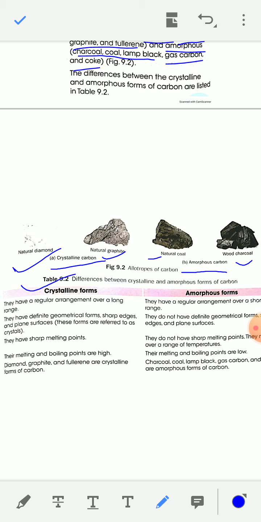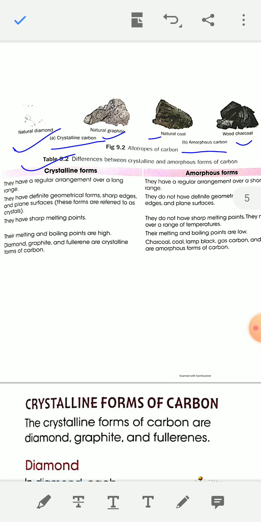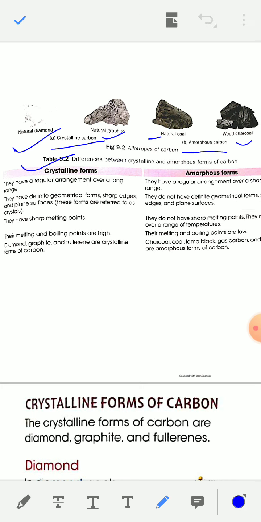You can see that in crystalline form, carbon atoms have a regular arrangement over a long range.